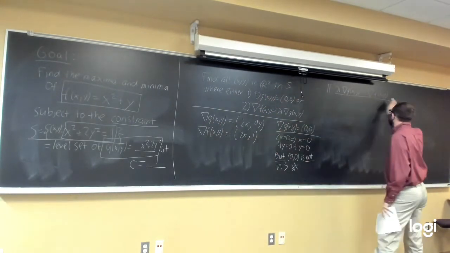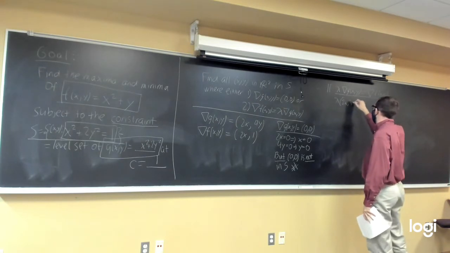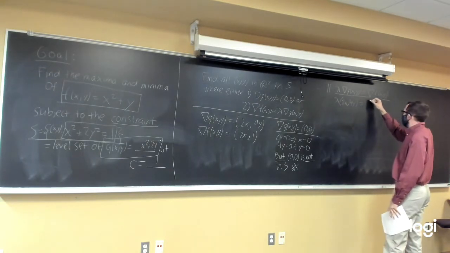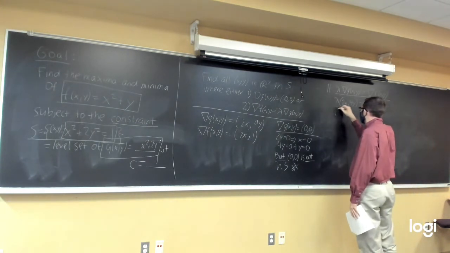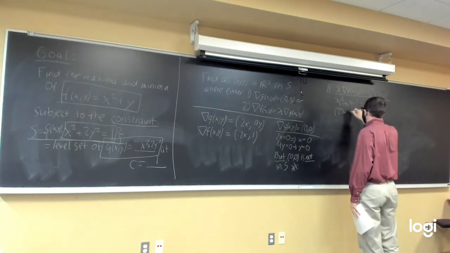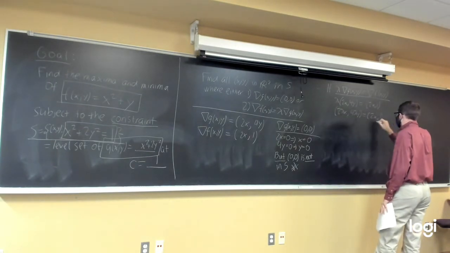So we look at this equation. That's going to give us that lambda times 2x comma 4y is equal to 2x comma 1, which is the same as saying 2 lambda times x comma 4 lambda times y is equal to 2x comma 1.